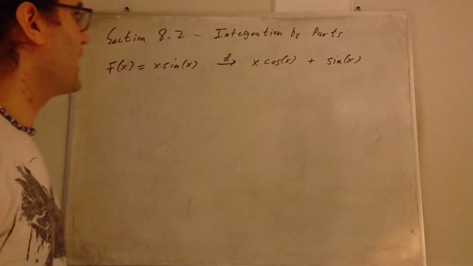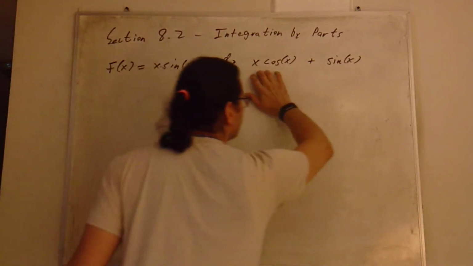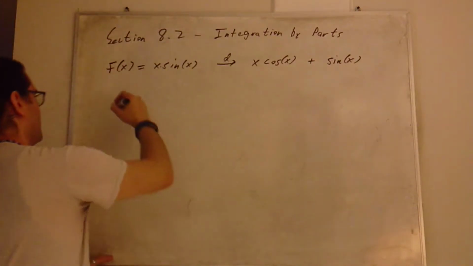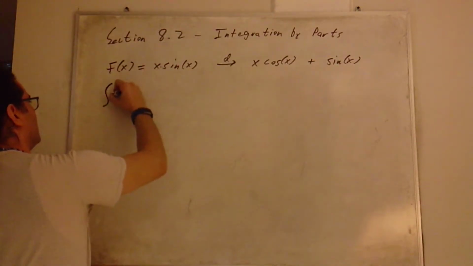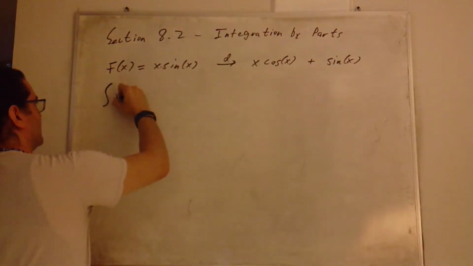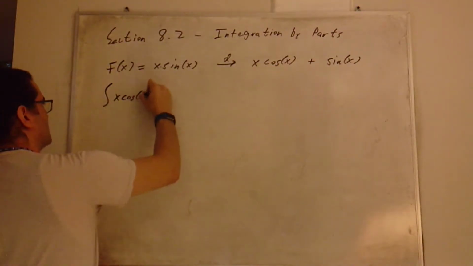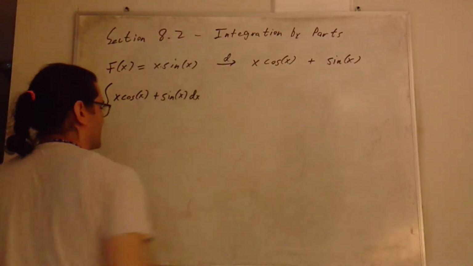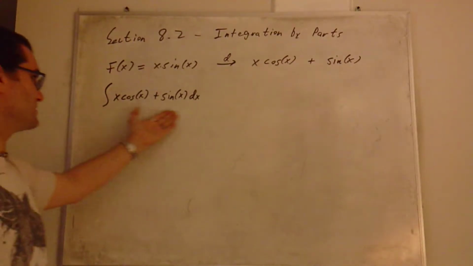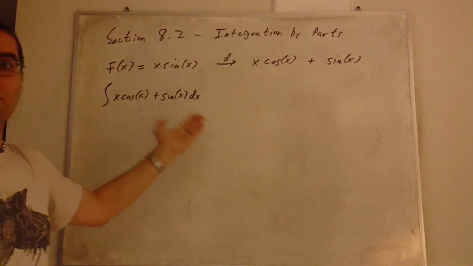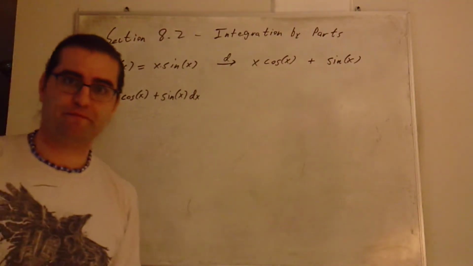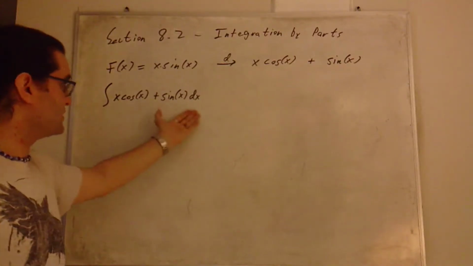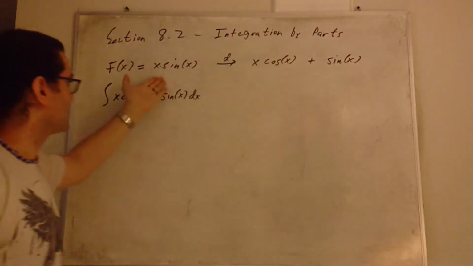So, if we know that this derivative works like this, then I think me asking you for the integral of x cosine x plus sine x dx, I'm hoping that this is an extremely easy problem for you to do right now. Because we literally just found that this is the derivative of something.